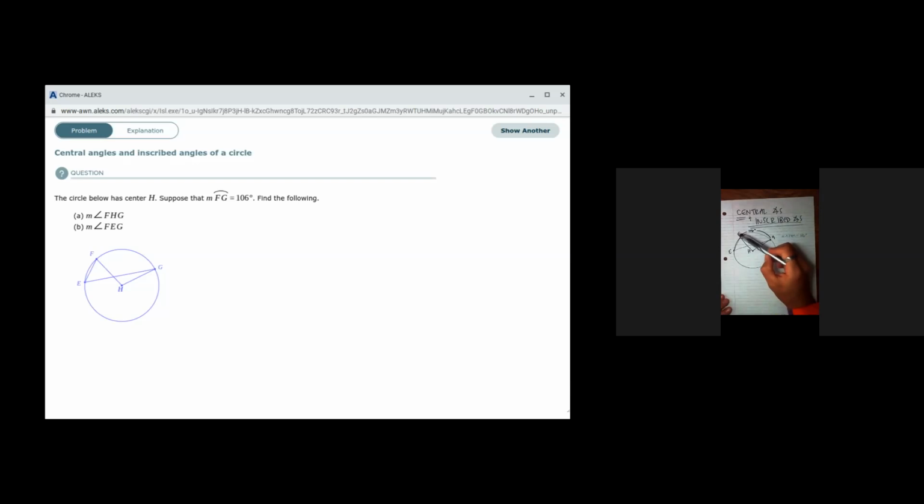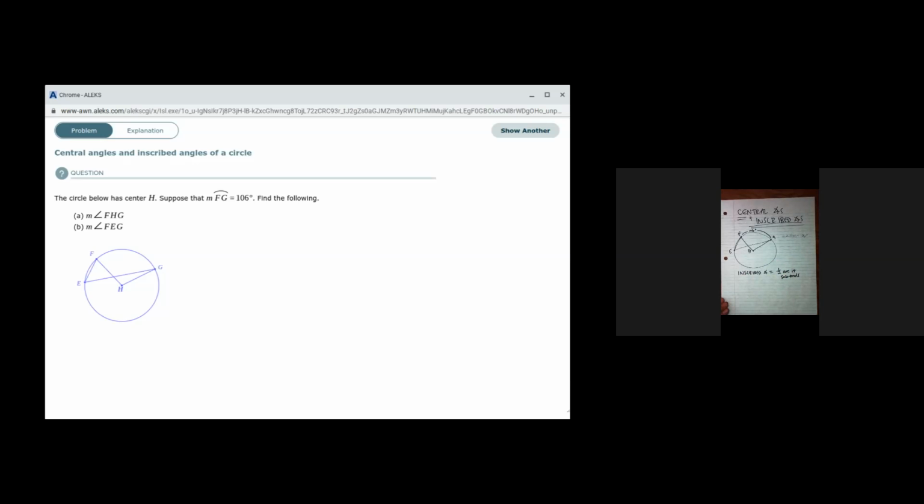How about the measure of angle FEG? Well, FEG is an inscribed angle, and an inscribed angle is actually half the measure of the arc it subtends. So let's write that down as some notes. Inscribed angle equals 1/2 the arc it subtends.